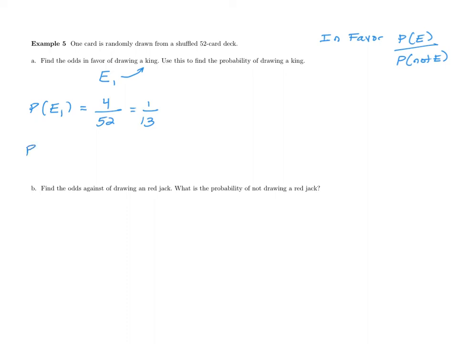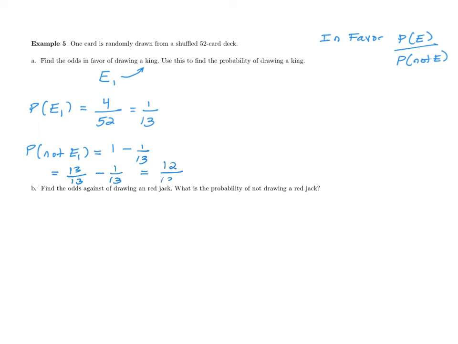The probability of not E1 occurring, well, that's going to be everything else, but we saw you can do 1 minus. We could do either one of these numbers. I'll choose 1 over 13, and I'll write 1 as 13 over 13. And when you subtract the numerators, 1 from 13 is 12.